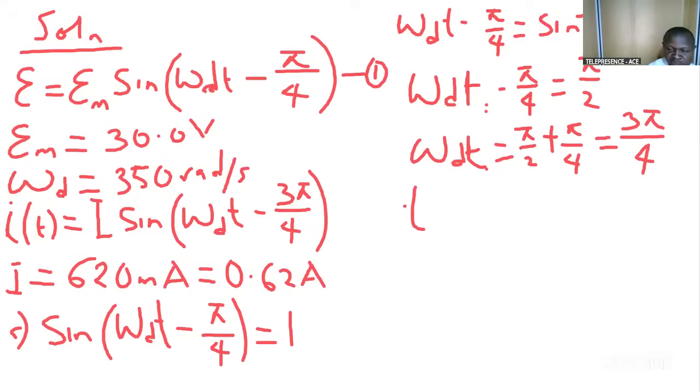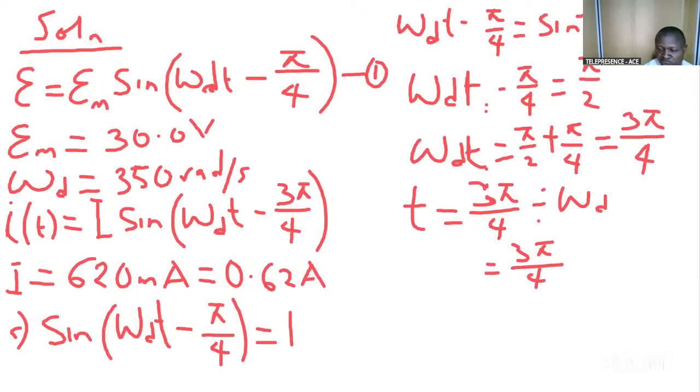Make t the subject of the equation. So this will be 3 pi over 4 divided by omega d. Substitute the value: 3 pi over 4 times 1 over 350, the value of omega d. If pi is 22 over 7, or 3.142, you can use your calculator, multiply 3 by pi, divide by 4 and multiply by 1 over 350.